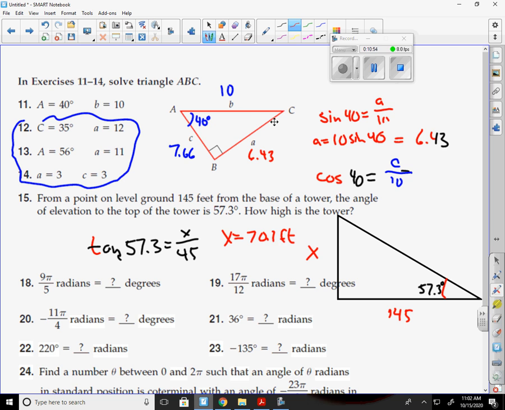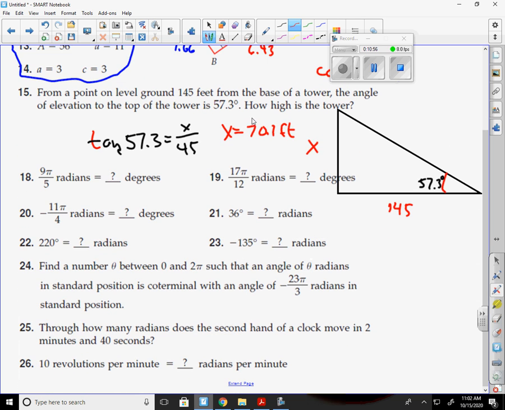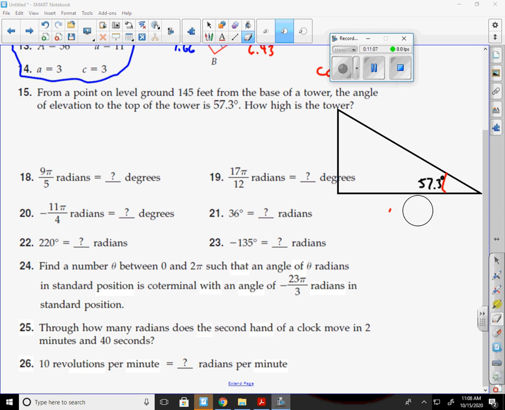All right, number 18. Here we have to start converting again. When we convert from radians to degrees, we have to do 9 pi over 5 times, and then going to degrees, it's 180 over pi.